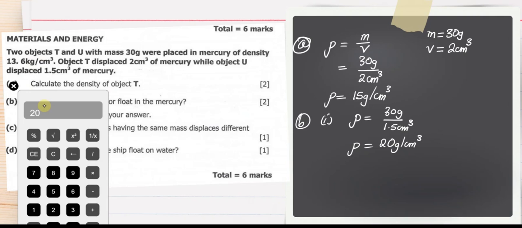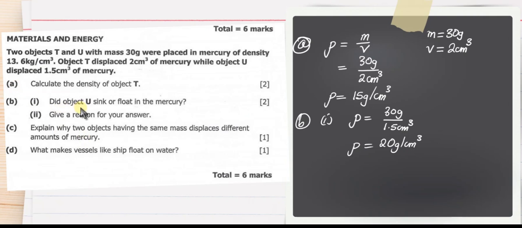So we are going to conclude that object U did not sink, it floated. So we are going to say object U floated in mercury. That's what we are going to say.